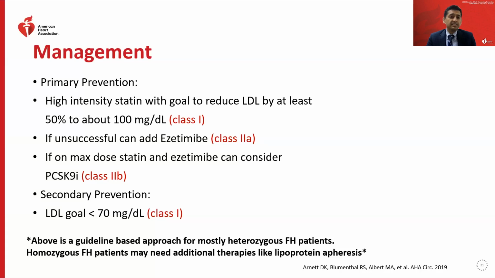If unsuccessful, adding ezetimibe, and if on combination therapy, or you just need to get the LDL down even lower and you don't think ezetimibe alone with the statin is going to cut it, or they are statin intolerant, going straight to a PCSK9 inhibitor. In secondary prevention, the threshold is less than 70 milligrams per deciliter, of course, just like it would be for anyone that doesn't have familial hypercholesterolemia but has established ASCVD.